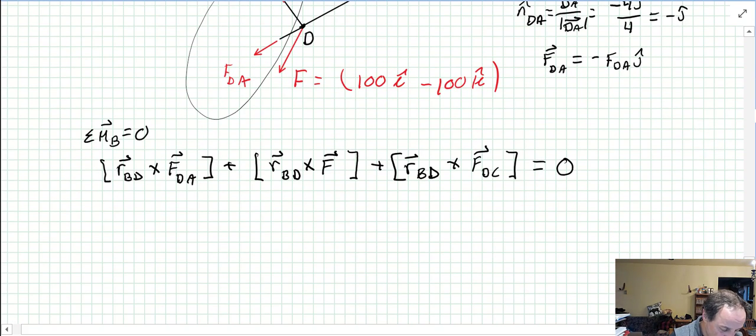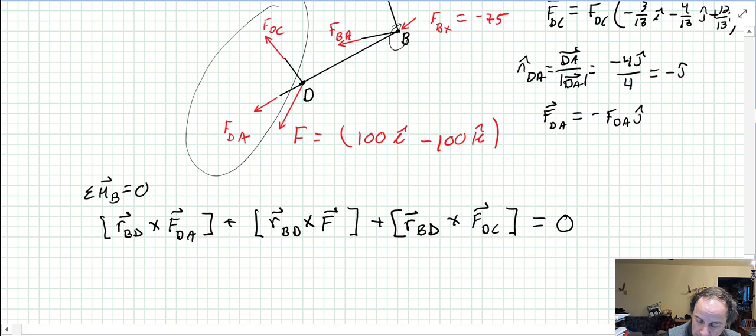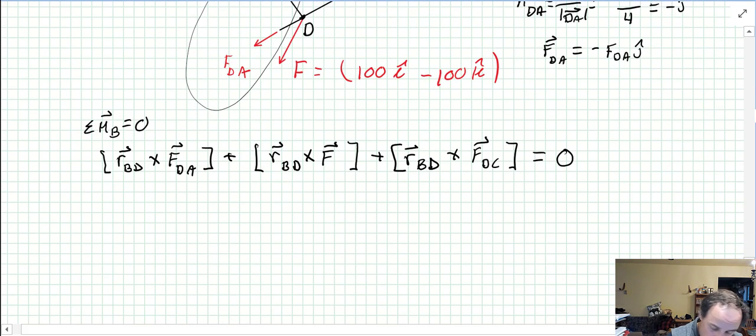All right, so when we put that in, that position vector is easy too. RBD is right along the x-axis, so that's just 3I.